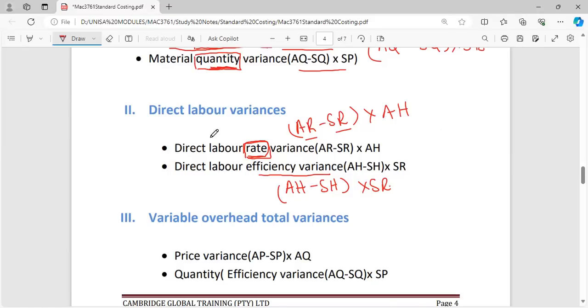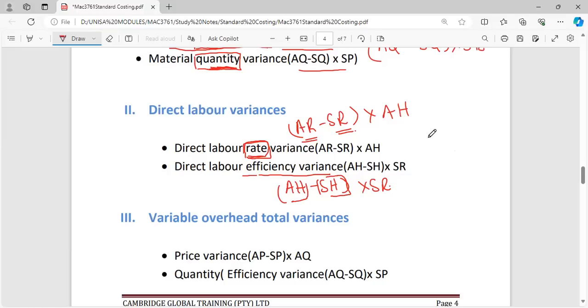So if the question requires you to do a direct labor rate variance, in the question you should look at what was the actual rate and what is the standard rate. If the question requires you to do a direct labor efficiency variance, then in the question you look at what were the actual hours used and what were the standard hours that were used.